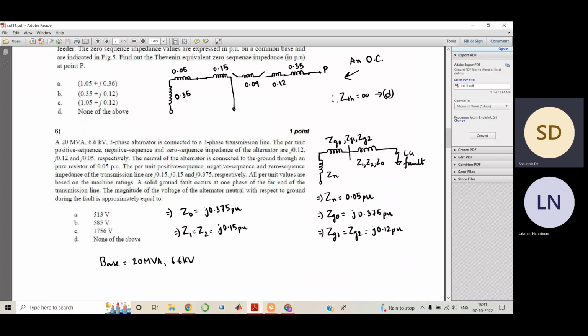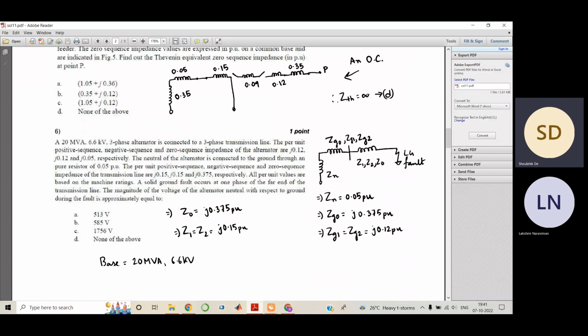Now the neutral of the alternator is connected to ground through a pure resistor of 0.05. Again, this is a mistake that I have made. This would be resistance and not impedance in the diagram. And again, the per unit sequence impedances of the transmission line are also mentioned, 0.15 and 0.375 per unit.